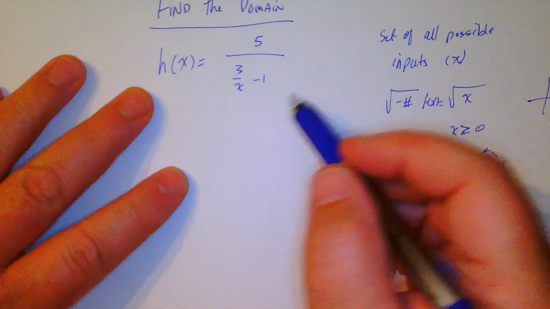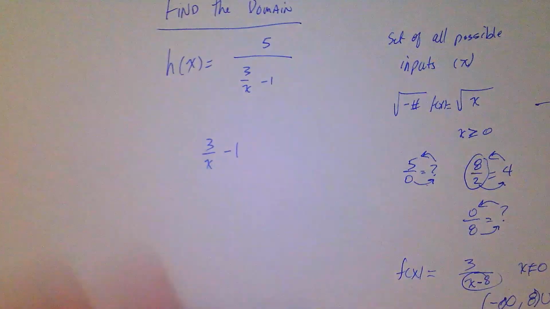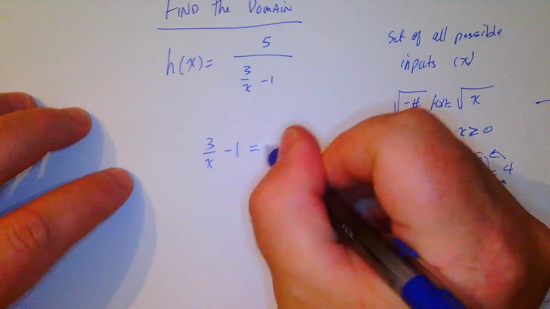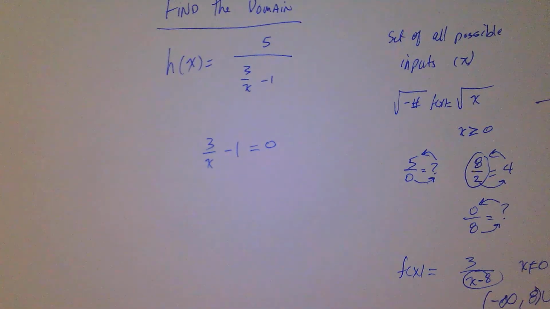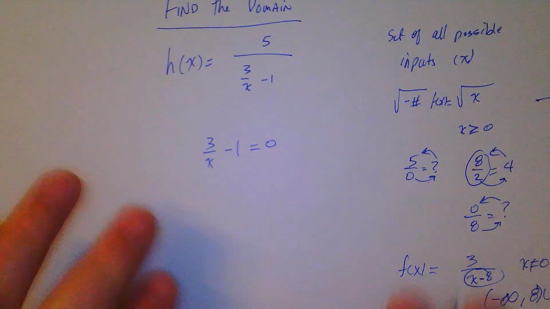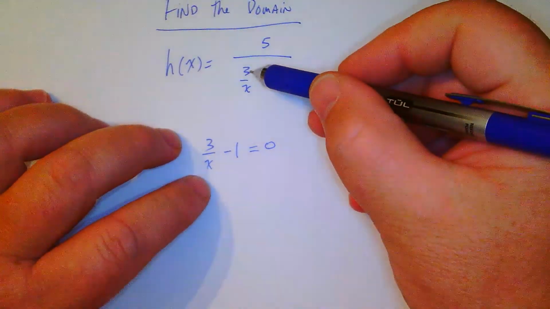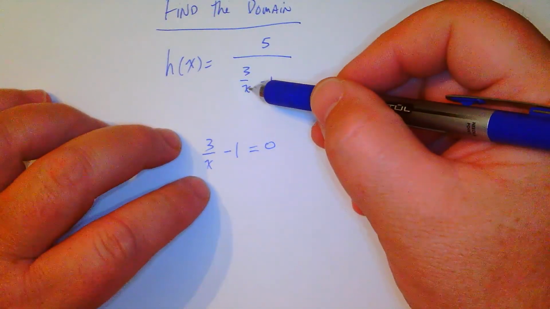So in our situation right here, we have to take this denominator and set it equal to 0 and solve it. And that will tell us what value x cannot be, because that's the value that would make this equal to 0. Now, right off the bat, before we even get to this part, check this out. First of all, I can tell you right now, x can't be 0.